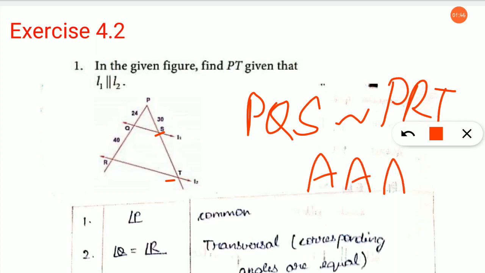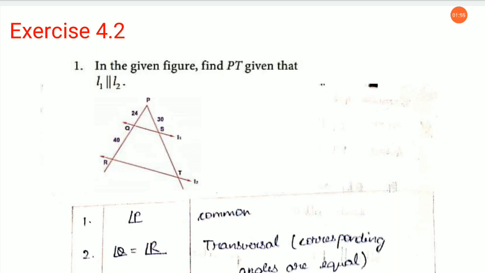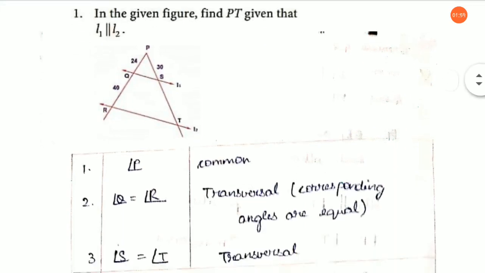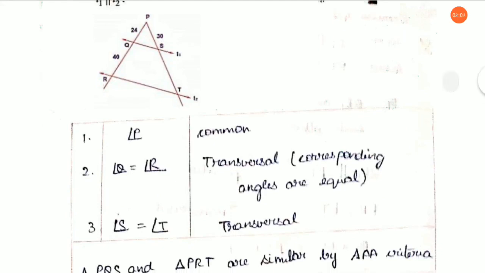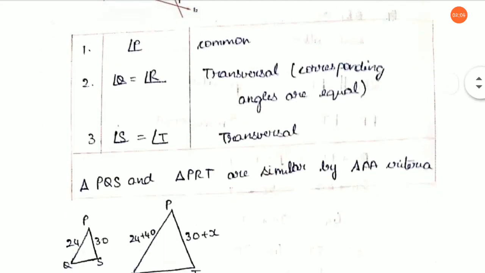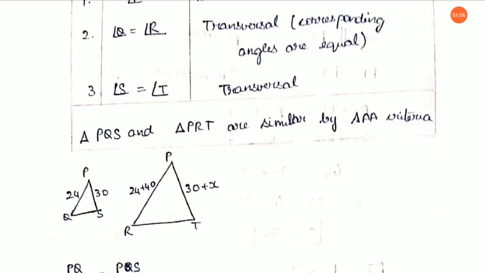By triple A rule. This angle is the same, and these two angles are the same, and these two angles are also the same. Now we have come to the conclusion that these two triangles are similar to each other. Now we are going to split these two triangles and draw them. If you split, it will come like this.